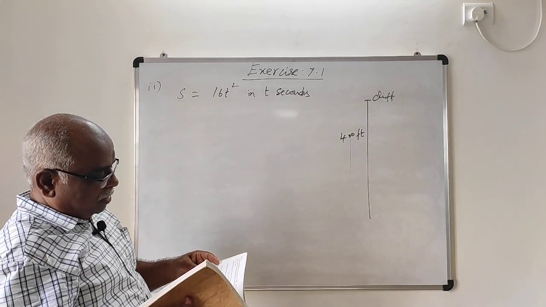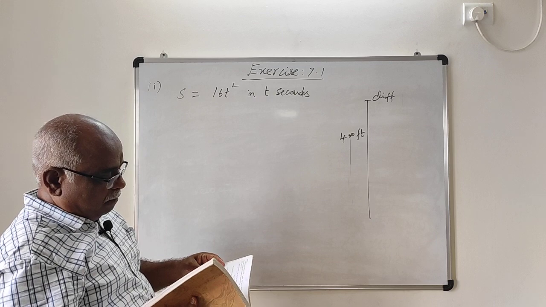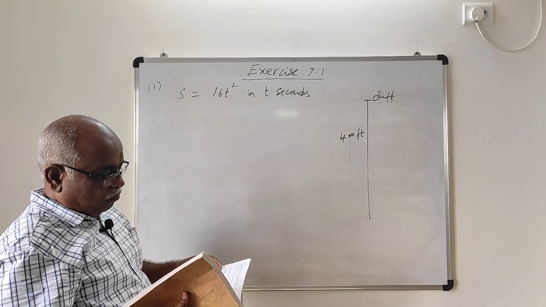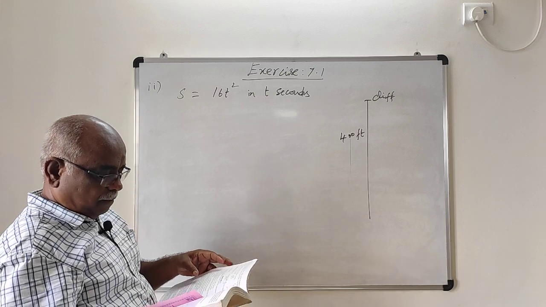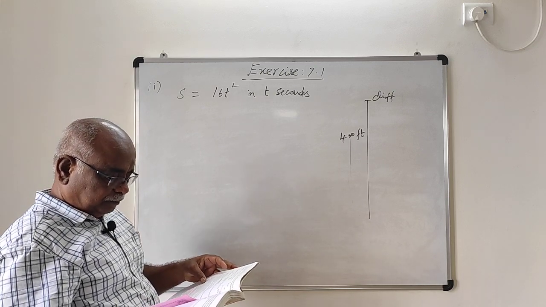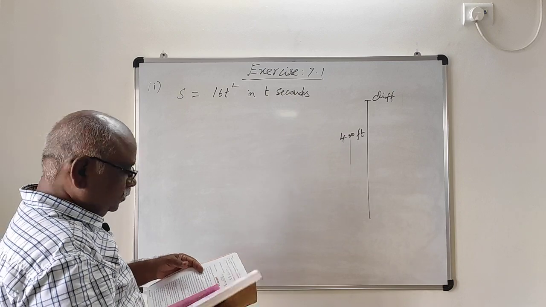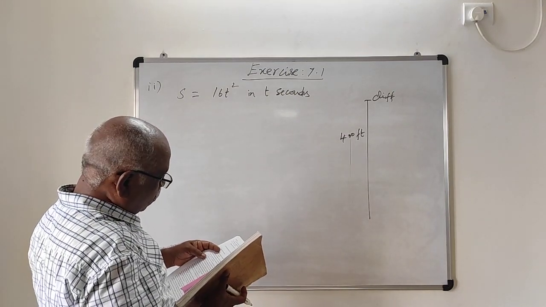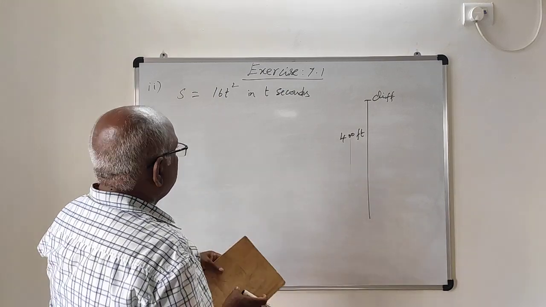Our required problem is: how long does the camera fall before it hits the ground? The height of the cliff is 400 feet.